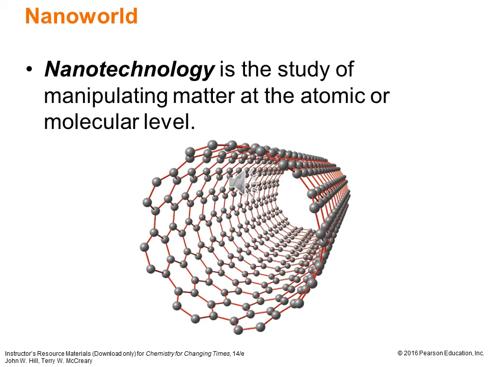We've got a lot of hopes for very efficient technologies, low energy usage, all sorts of really, really interesting things that are just around the corner based on nanotechnology, which is the study of manipulating matter at the atomic or molecular level.